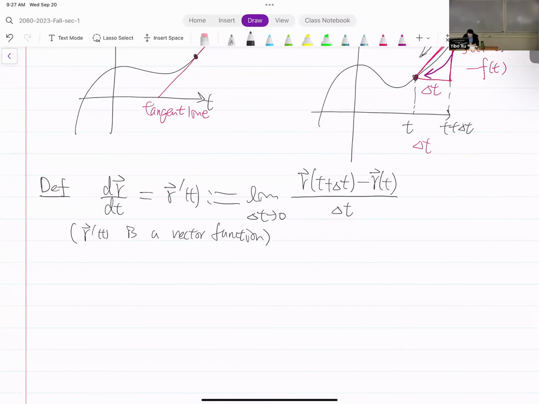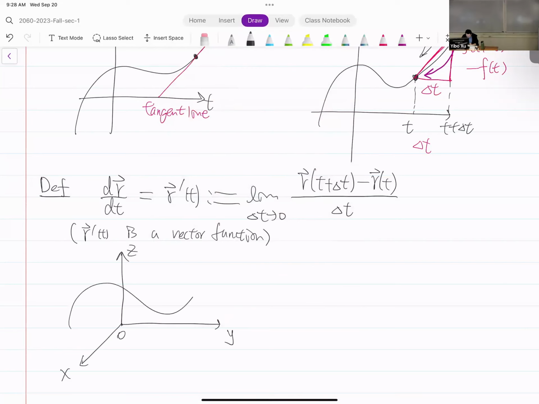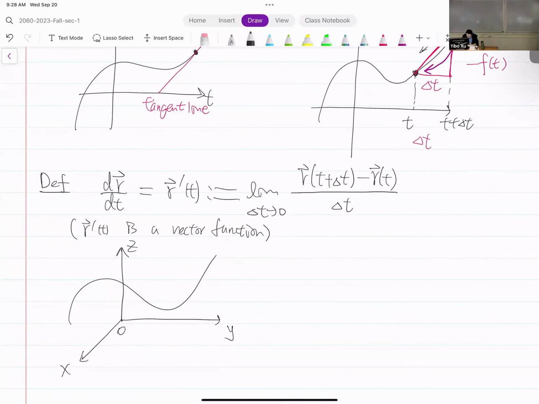Now, geometrically speaking, it's slightly different from what we have seen above. To think about the points we're looking at, so let's say this one.